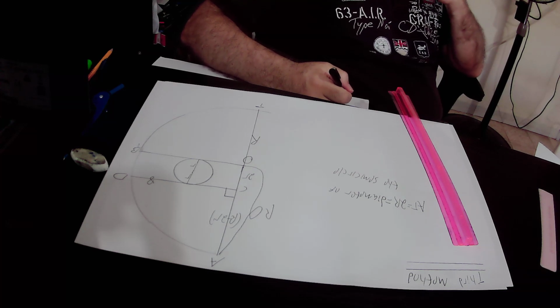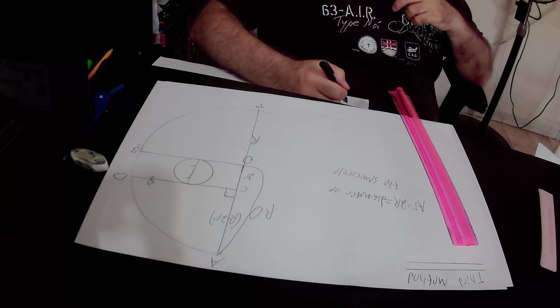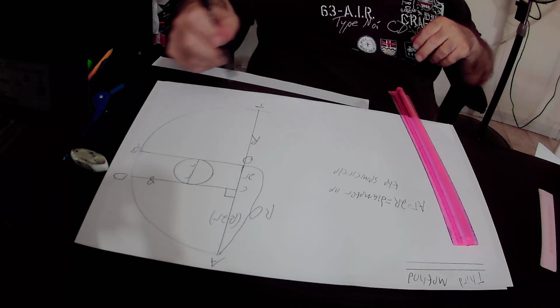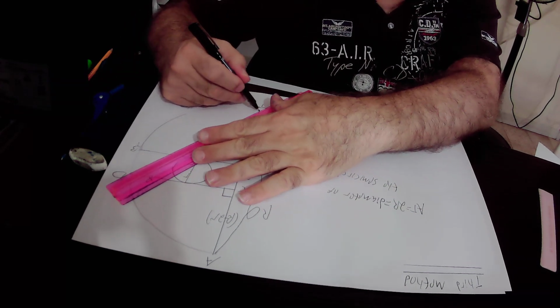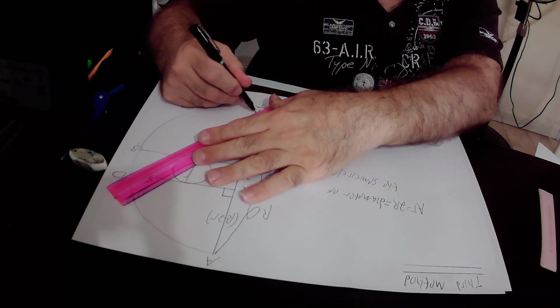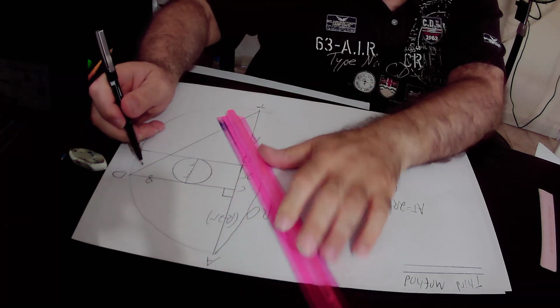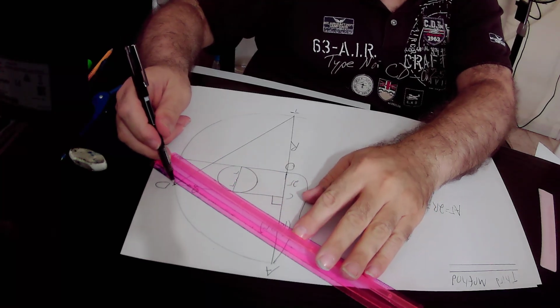And here we will join points T and D together by a straight line. We will join points A and D together by a straight line.